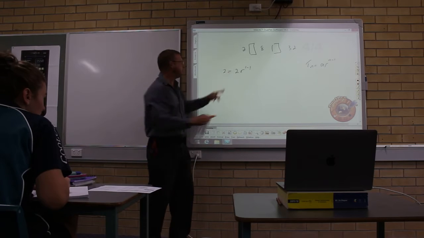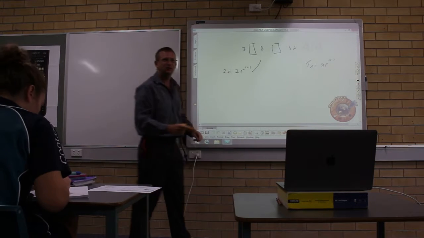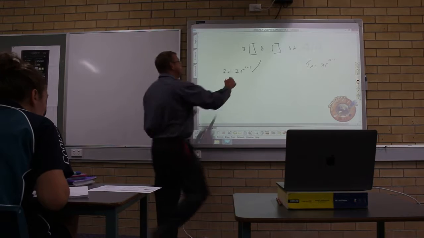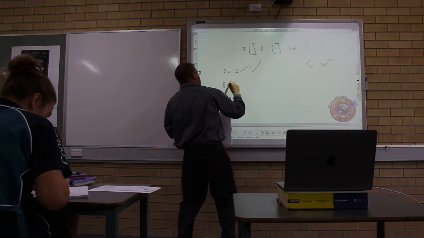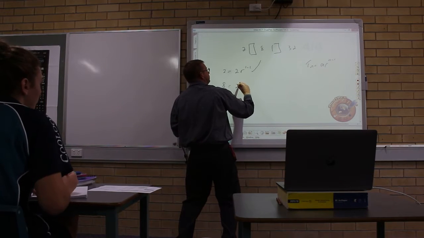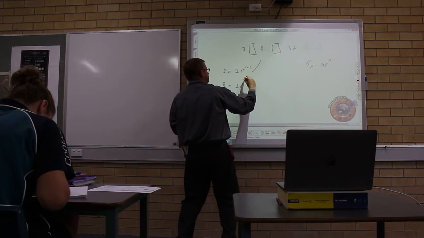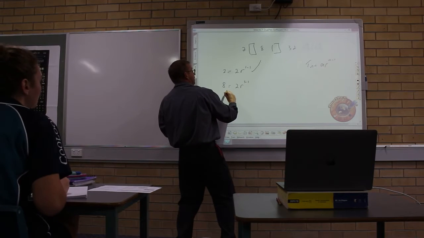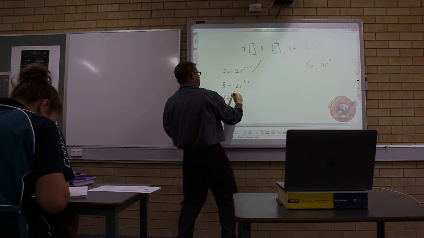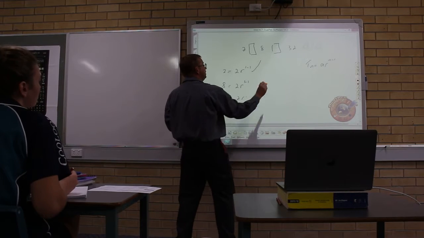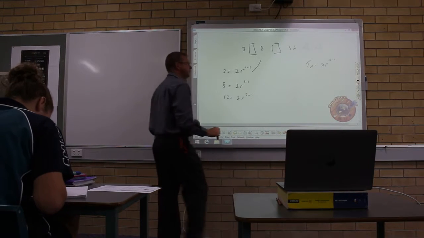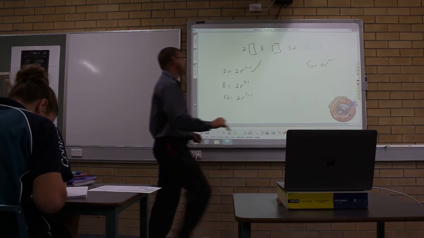So 2 equals 2. Oh my gosh, that's a good, solid dead end, isn't it? Yes. Term 3, a equals 2 r to the 3 minus 1, and 32 equals 2 r to the 5 minus 1. They get somewhere, don't they?